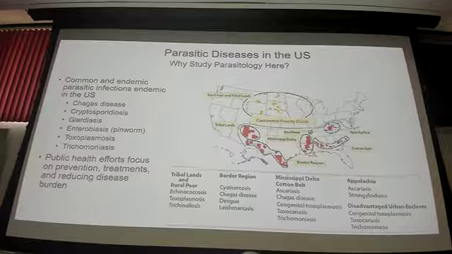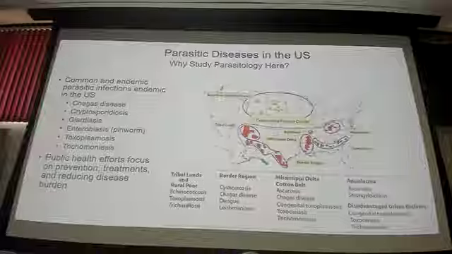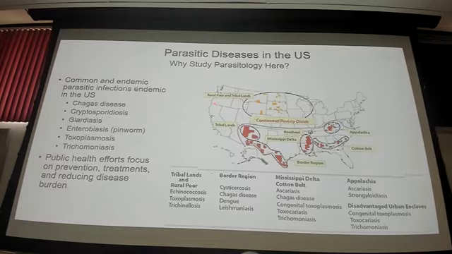Okay, excellent. So, next one. Real quick, giardiasis, you guys heard of giardiasis? You already did? Okay, so that's all over the country, but it's probably most endemic in the Pacific Northwest. We'll talk about that. That's a major diarrheal disease. Cryptosporidiosis has an association with immunocompromised folks, but it's also associated with huge waterborne outbreaks.